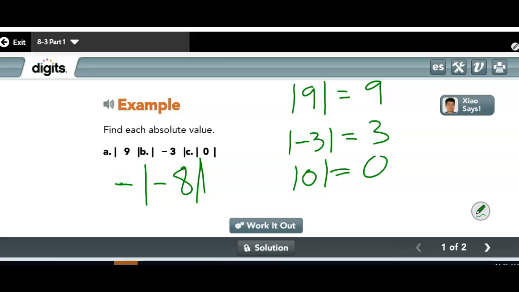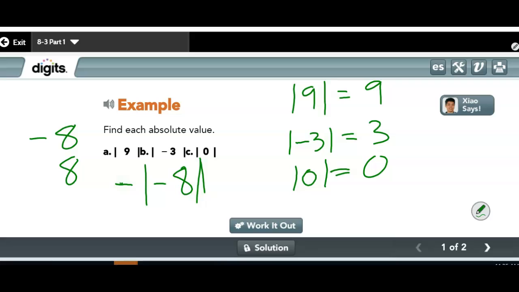Melody. Negative 8. What else do you think? Will. 8. Anyone else? Raise your hand if you think it is negative 8. Raise your hand if you think it's 8. Raise your hand if you have no idea. Okay?